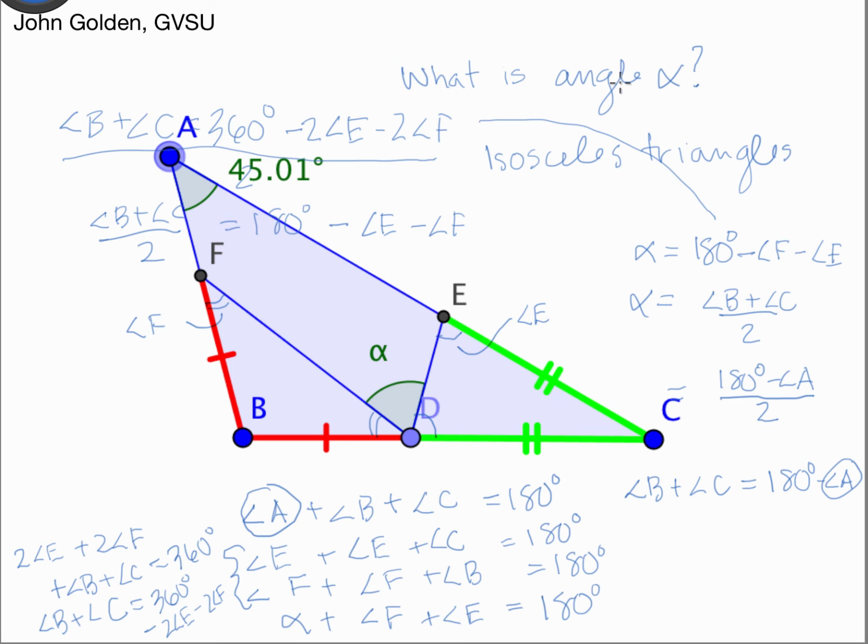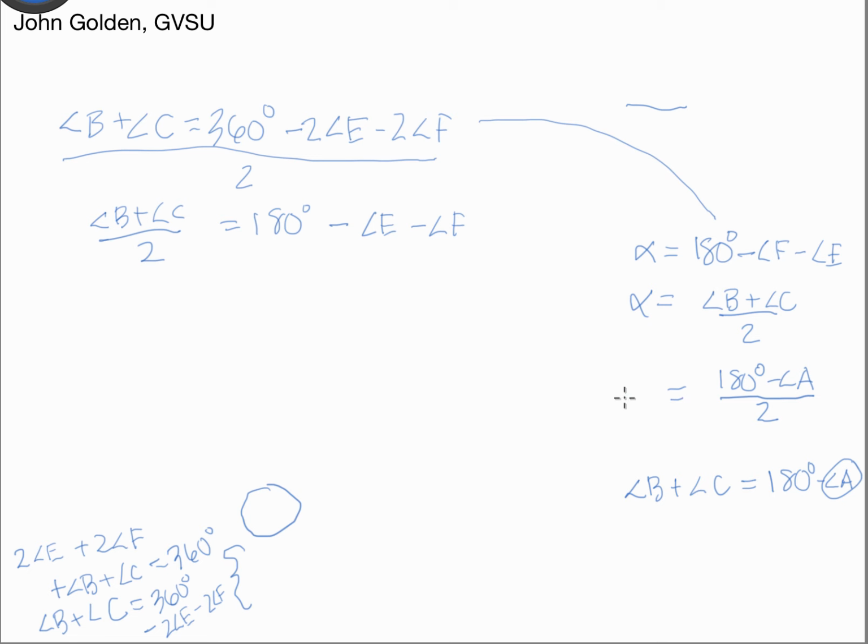is asking for what is the angle. Angle A we said was 45.01 degrees. So over here, 180 degrees minus 45.01 degrees. Totally okay to use a calculator, especially in a test situation.